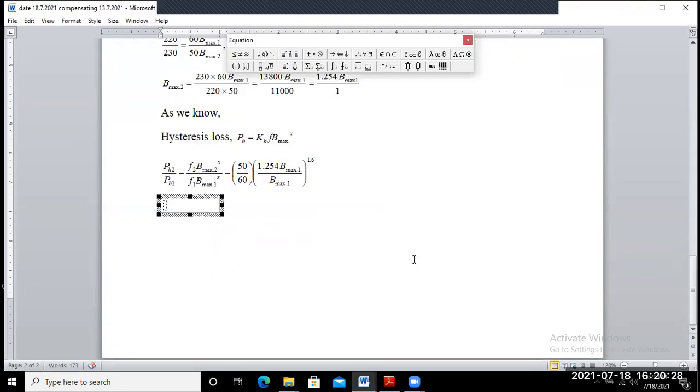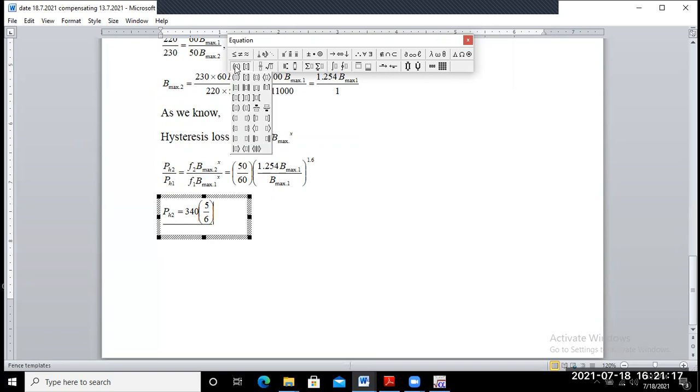So pH2 equals 340 into 50 divided by 60, so 5 by 6, into 1.254 whole to the power 1.6.